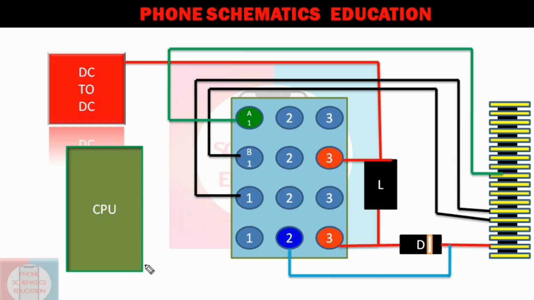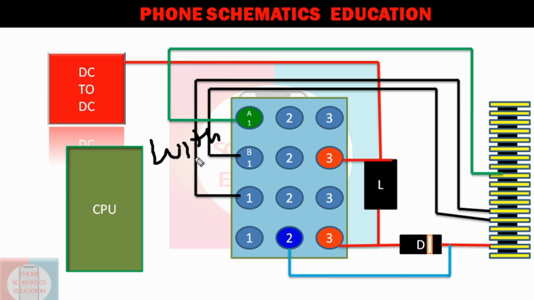How to solve? First, you can lift up the CPU, open the CPU, clean it, rebond it and fix it again, right? But it is a time-consuming process, and also risky.